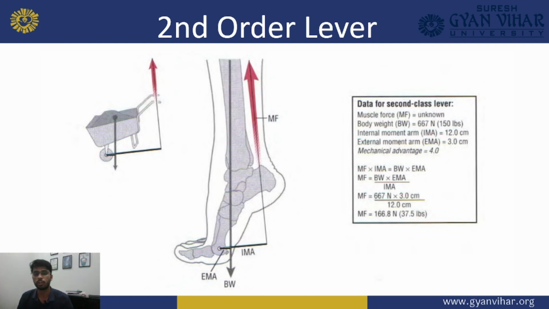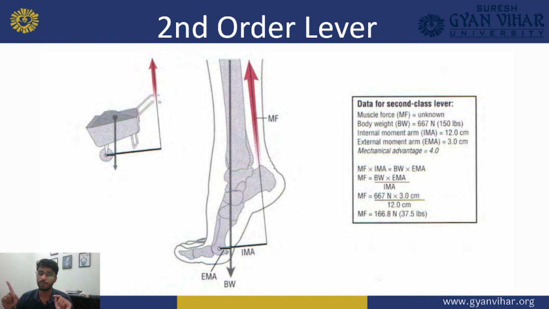Same as we found the muscle force in the first order lever, we can also find it in the second class lever. Assume that we do not know the muscle force produced by the calf muscles, but we know the body weight. So assume the body weight is 150 pounds, and the internal moment arm is 12 centimeters. It is the perpendicular distance from the point of insertion of the calf muscle to the fulcrum.